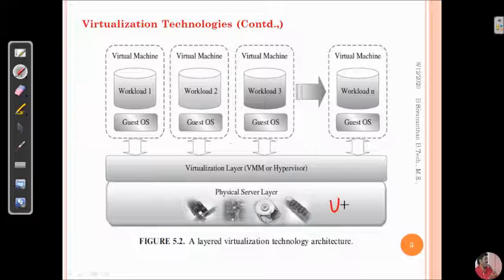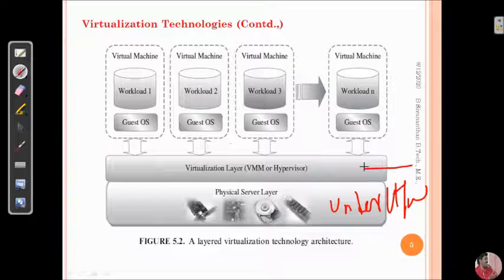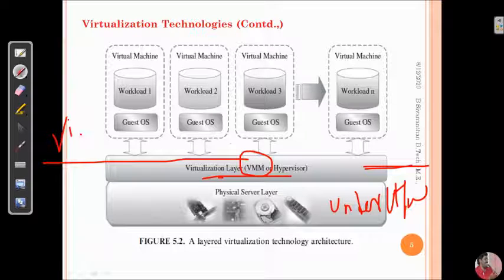Now, how does the virtualization technology architecture look? This is the underlying hardware, which comprises all the hardware resources. Above the hardware layer, above the server layer, we install or deploy a virtualization layer. This virtualization layer can be created with the help of virtualization management software called VMM, which means virtual machine monitor.